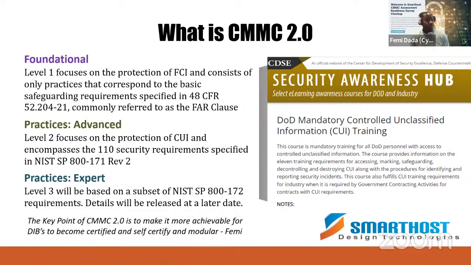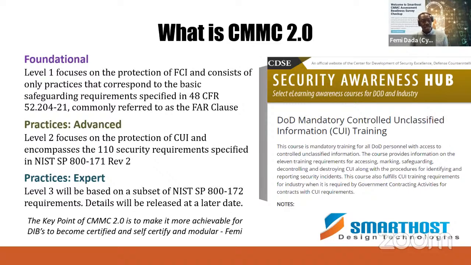All right. The key point here is this, right? I put this in here to remind myself. The key point with CMMC level 2 is that the government realized that it is going to be really hard for everybody to do level 1, level 2, level 3, level 4, level 5. And they broke it down into these 3 levels, making sure that level 1 is a foundation that people can self-assess.